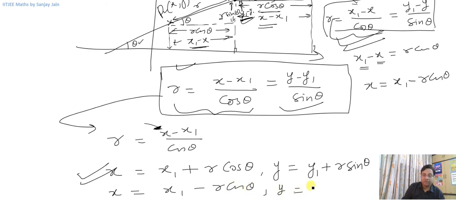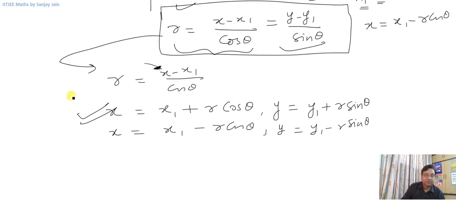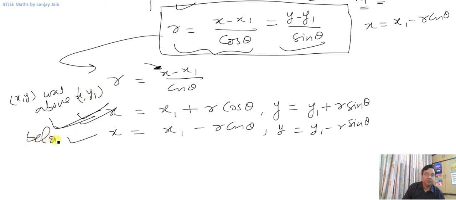Similarly, y was y1 minus r sin theta. What was the difference in both of these? This was the case when point xy was above x1 y1, right? And in this case it was below x1 y1, right?